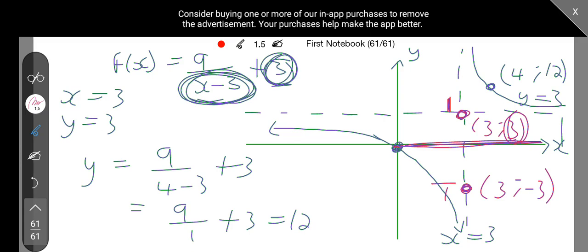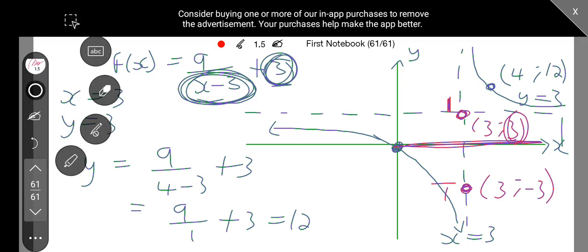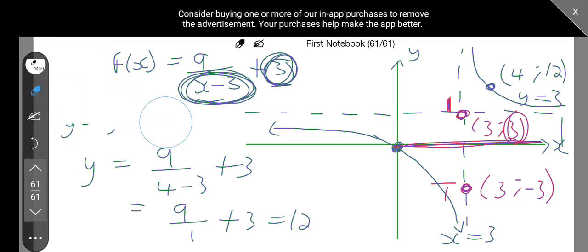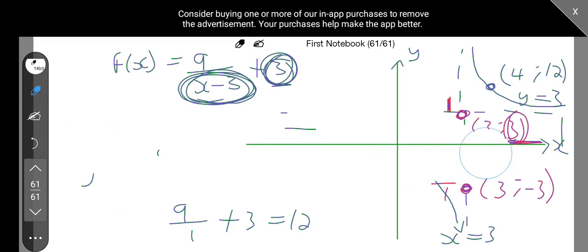Okay, so the last question says, write down p of x, if p is a transformation of f. Simply by transformation, they mean we have shifted our graph.